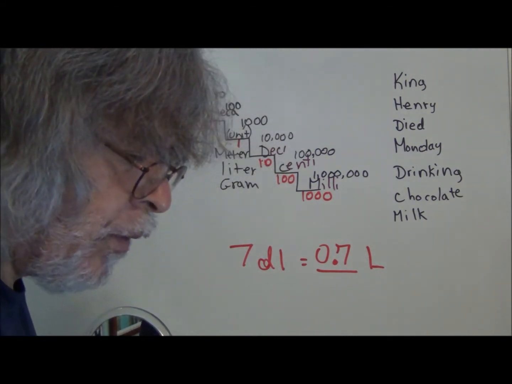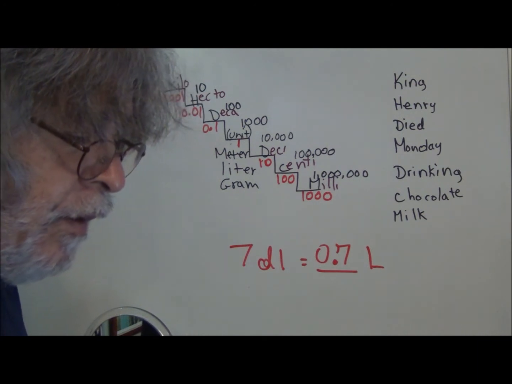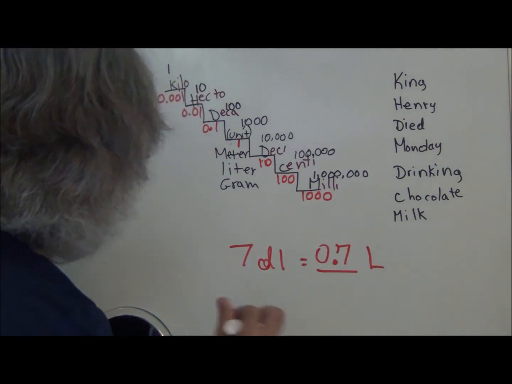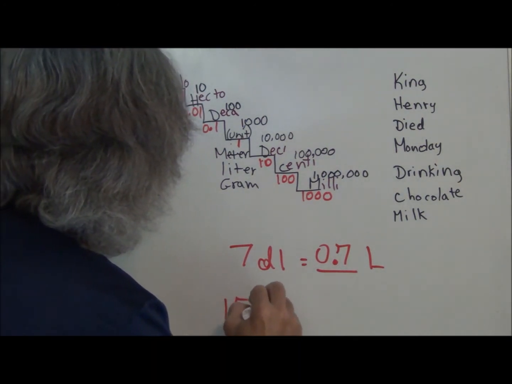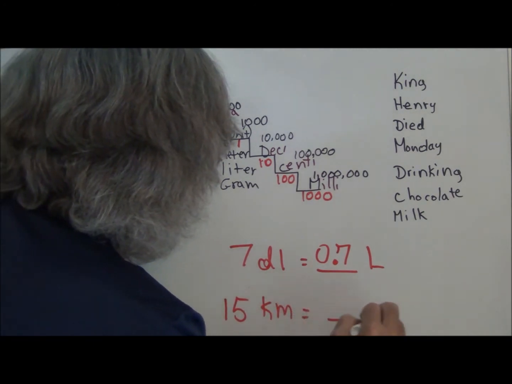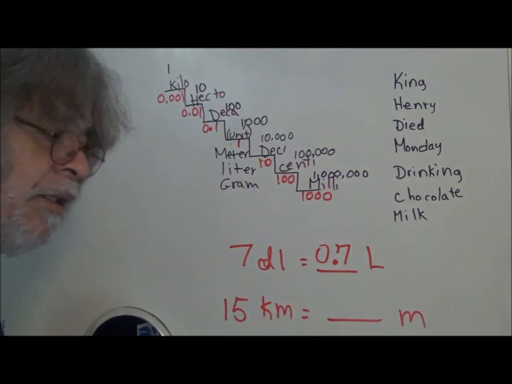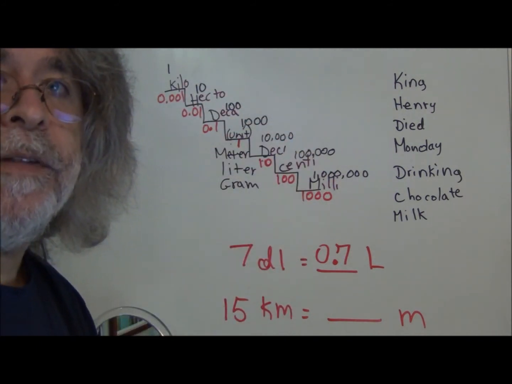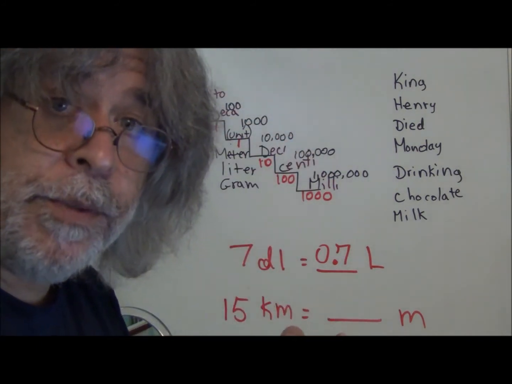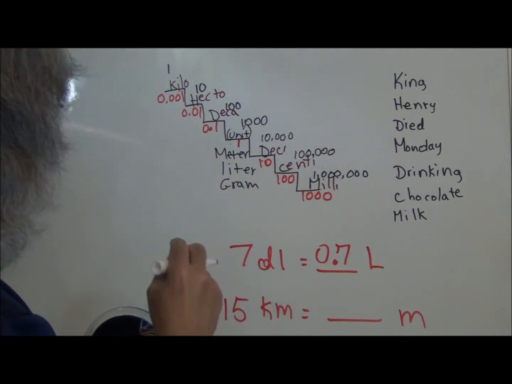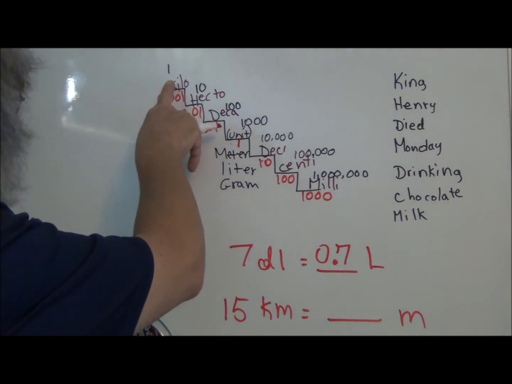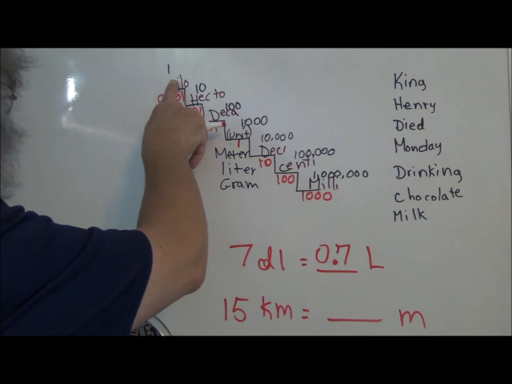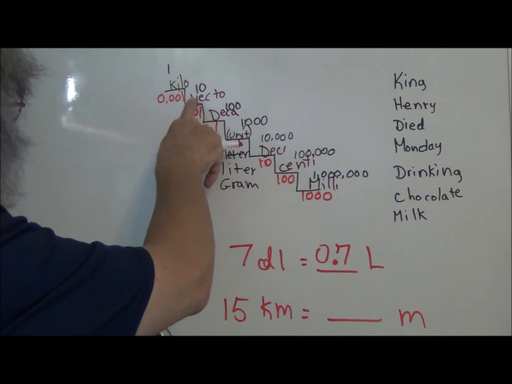Okay. Do another one. We'll go from kilometers to meters. Okay, so we're going to do 15 kilometers to blank meters. So, when we're going to the right, are we multiplying or are we dividing? We're multiplying. That means that number is going to get bigger. So, we would have the 15 there for kilometers, and then for every space over, we have to add a 0.